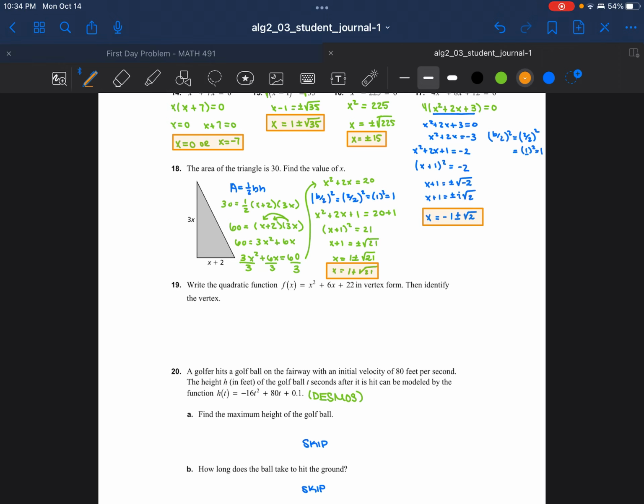And I do get, let's see, this is 1 plus the square root of 21. That is not quite right.